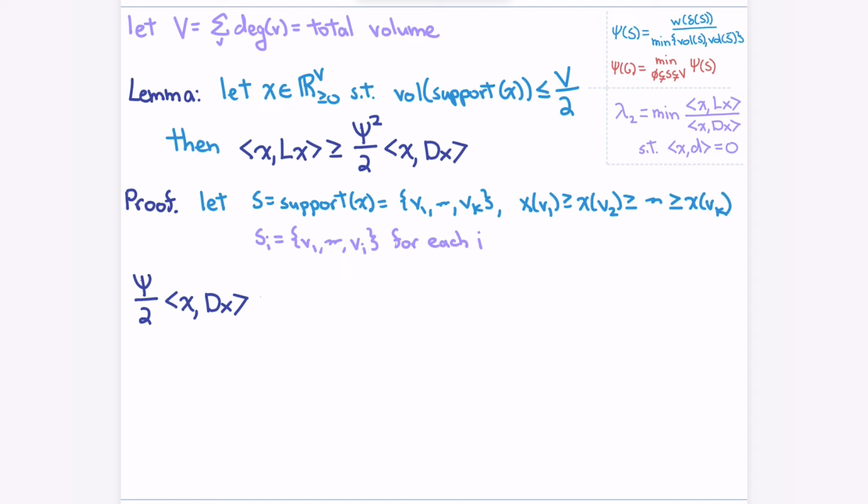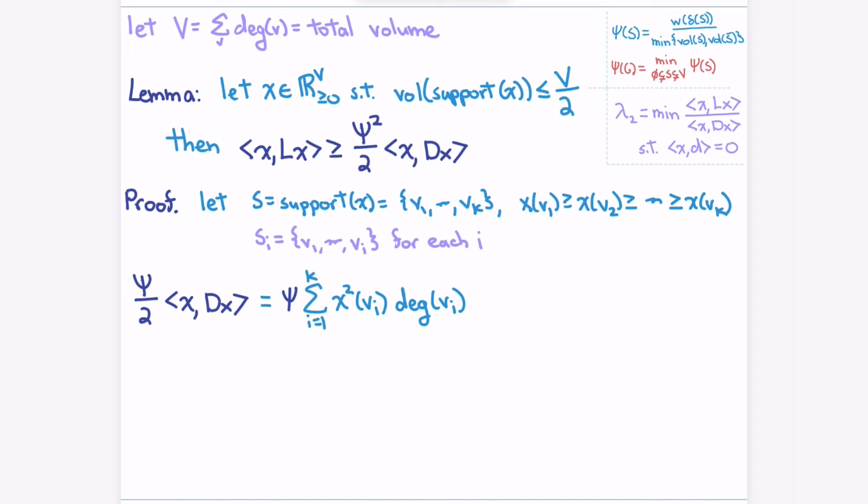So the first part of the proof, we're just going to expand out this term, this volume-like term. So this is all it is, right? X D X is just summing over all the vertices that are non-zero value, their x value times the degree of the vertex. Nothing special.